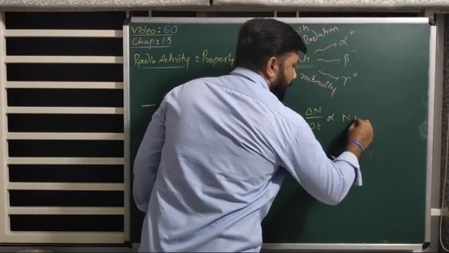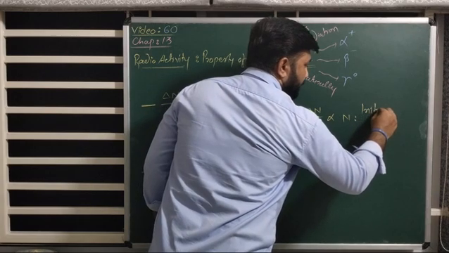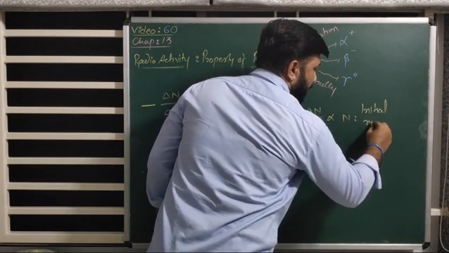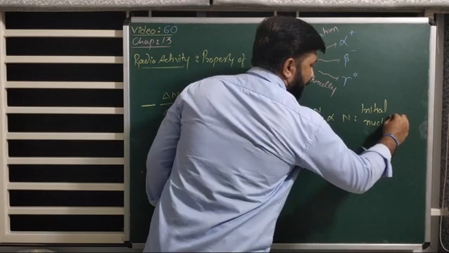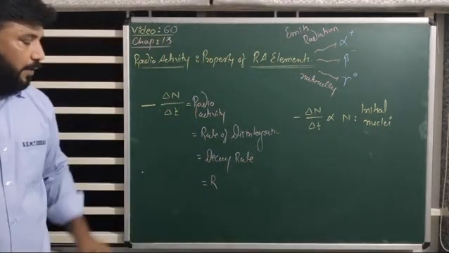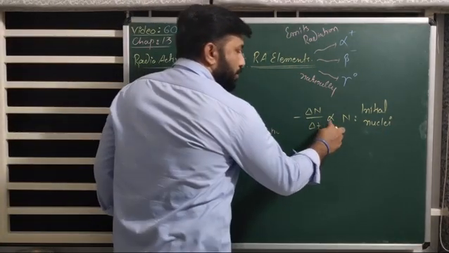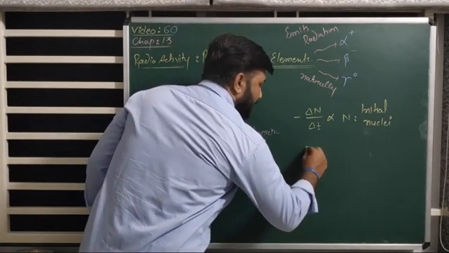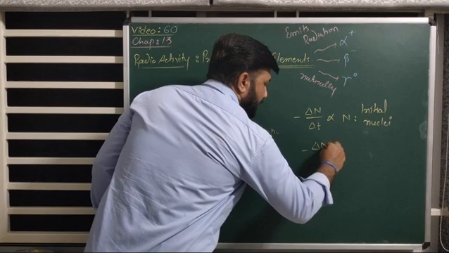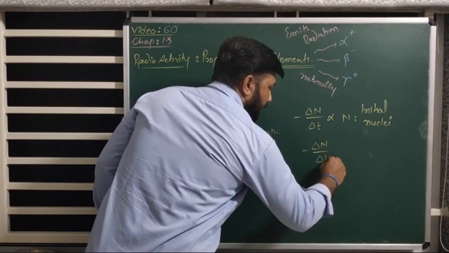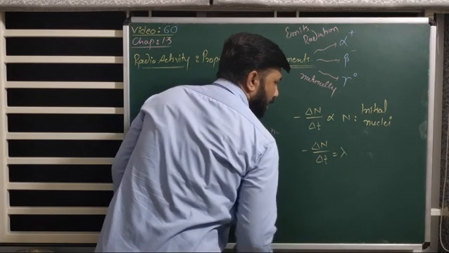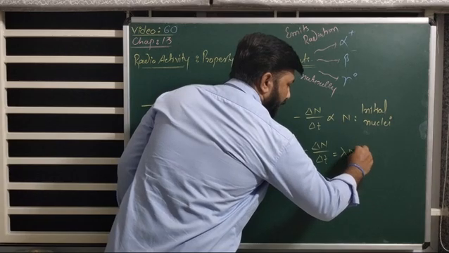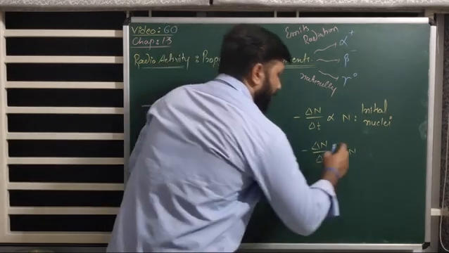What is N? N is nothing but the initial nuclei. Got it? If you want to remove this proportionality, you have to put one constant, that is minus delta N by delta t is equal to lambda N as it is. What is lambda?